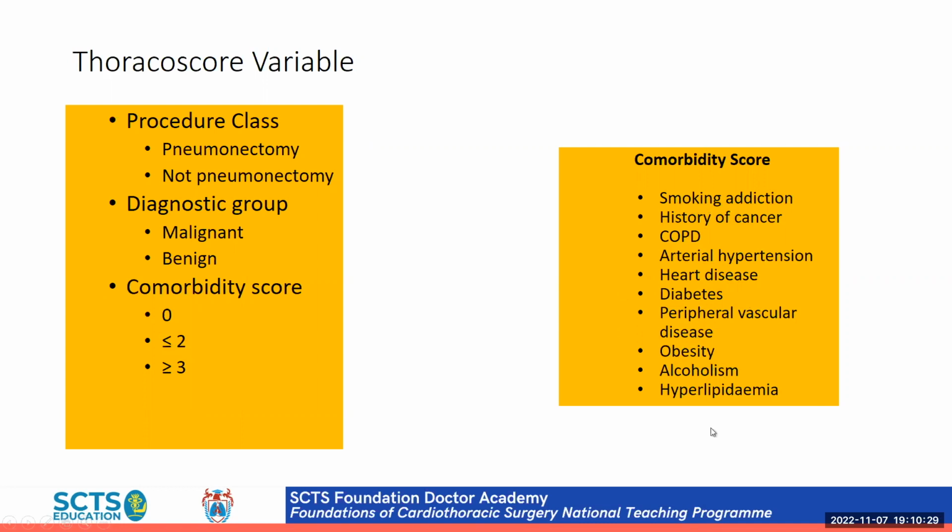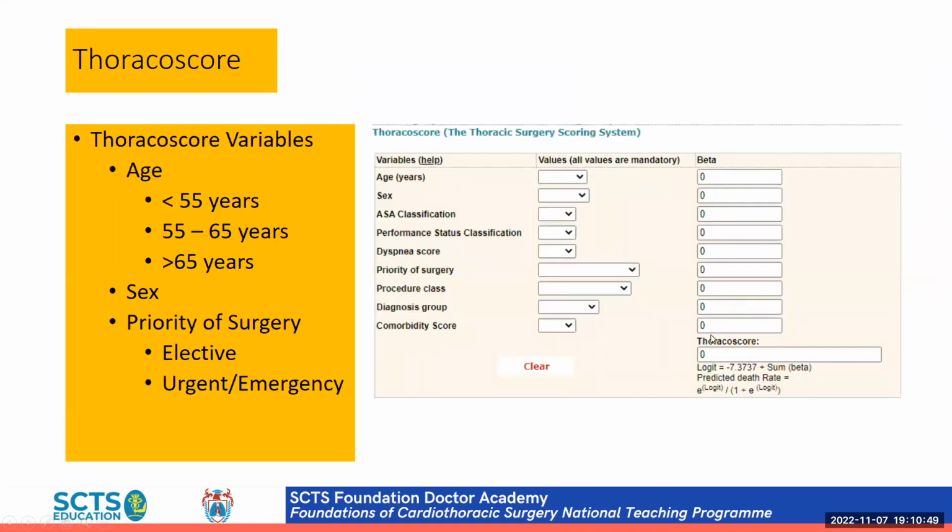These are things that we see in many of the patients that we operate on. So their Thoracoscore and risk of mortality will definitely increase as the number of comorbidities increases. The more comorbidities they have, each one will score. And then you do your calculation, and it will give you your Thoracoscore, the risk of mortality from the operation that you are going to provide these patients.